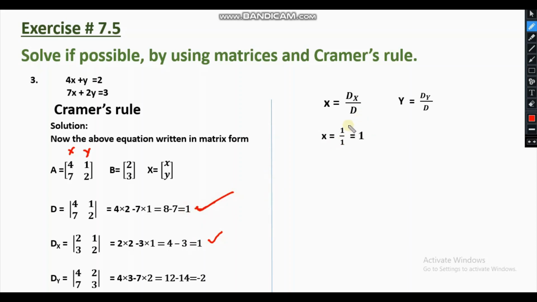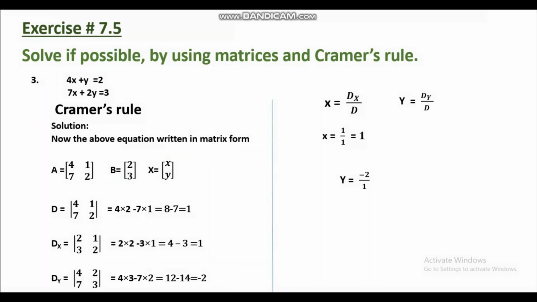Now the value of y is equal to 1 divided by minus 2, because the determinant of y is minus 2, and the determinant of d is 1.